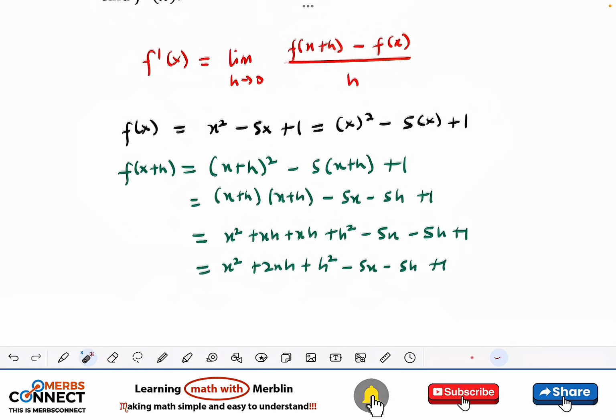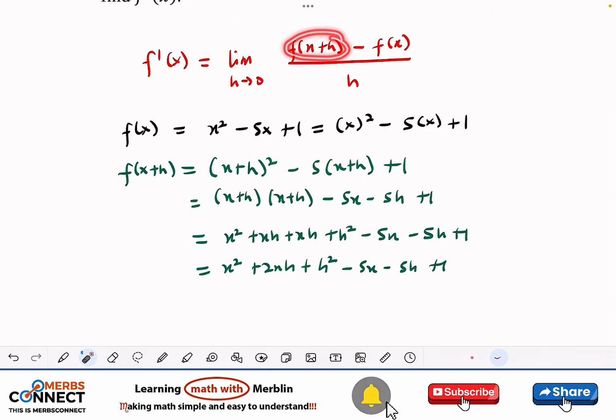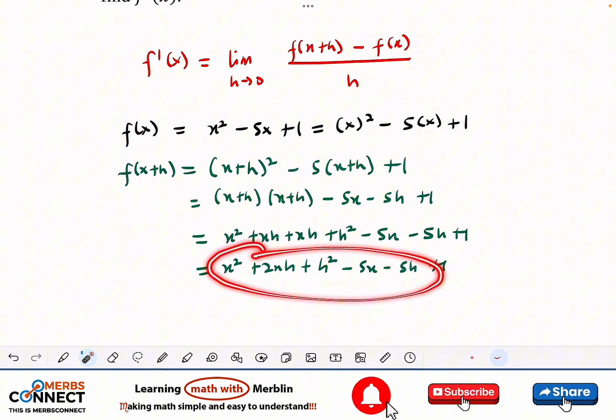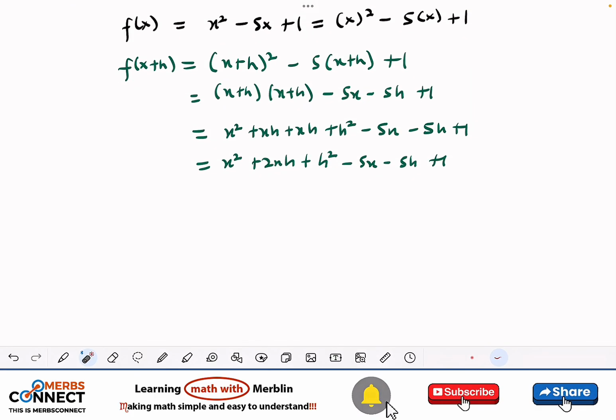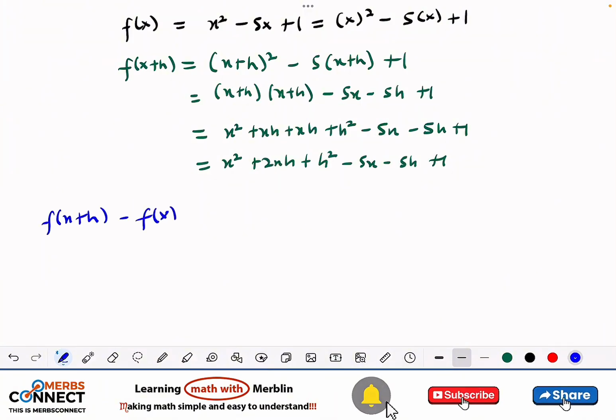So now we have f of x plus h, and we have f of x. Now, instead of putting everything here in place of this minus everything here, what I'm going to do is just pick the top and simplify before we go there, right? So let's find this. So now what is f of x plus h minus f of x?